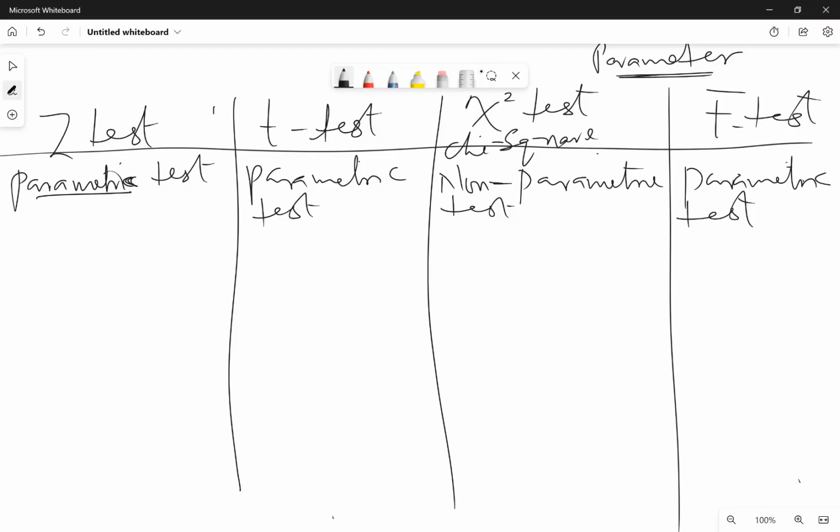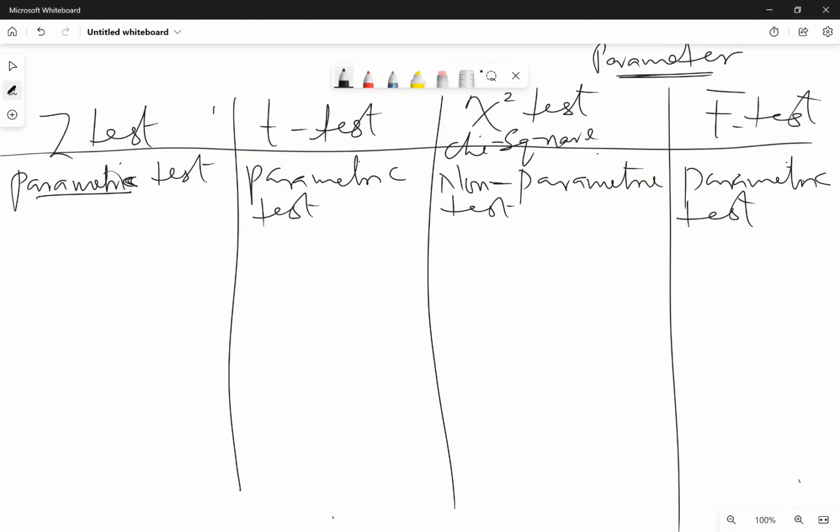That is a past question. I said a parameter is a summary characteristics or value of a population.